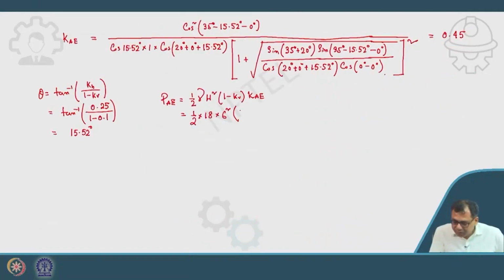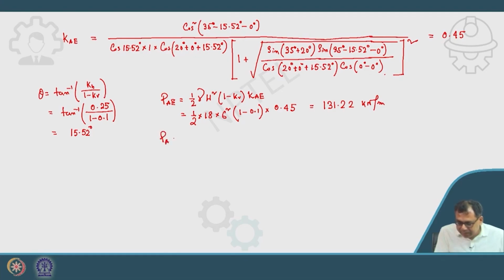So 6 square, 1 minus 0.1, KV is 0.1, KAE is 0.45. So that is equal to 131.22 kilonewton per meter.